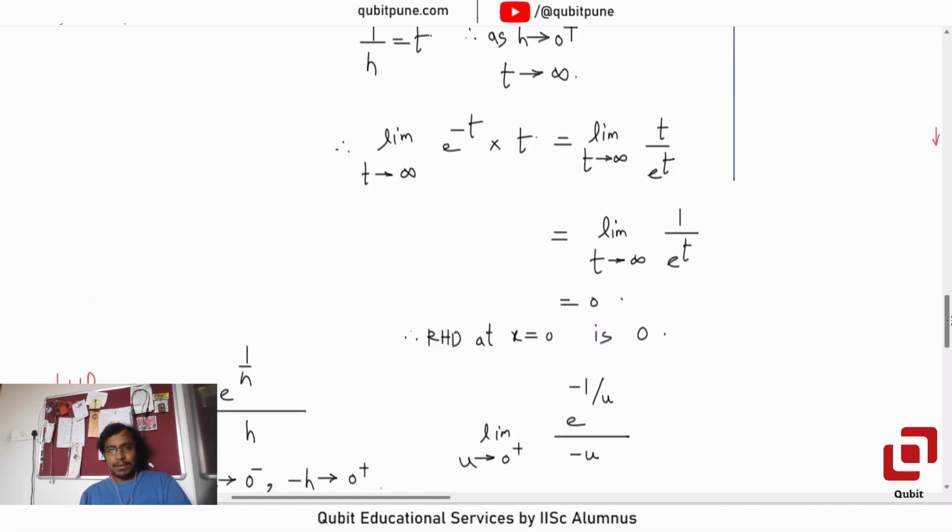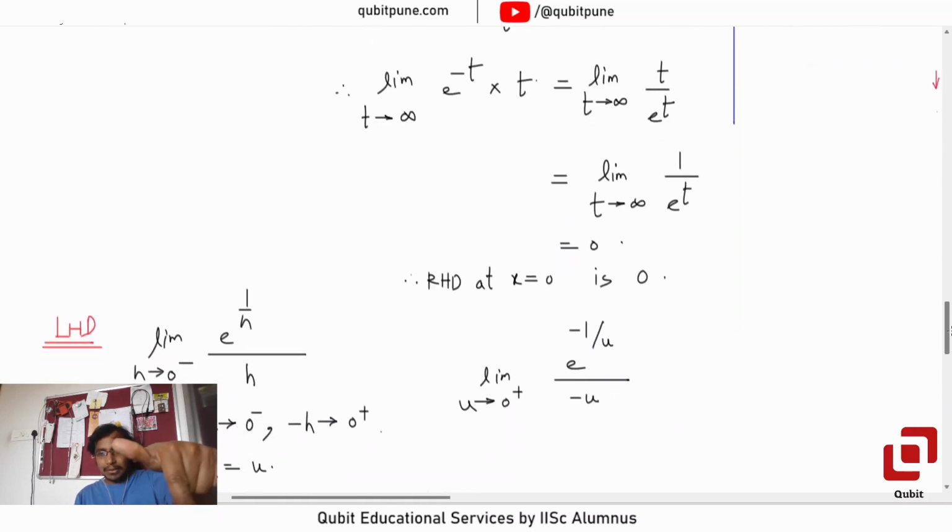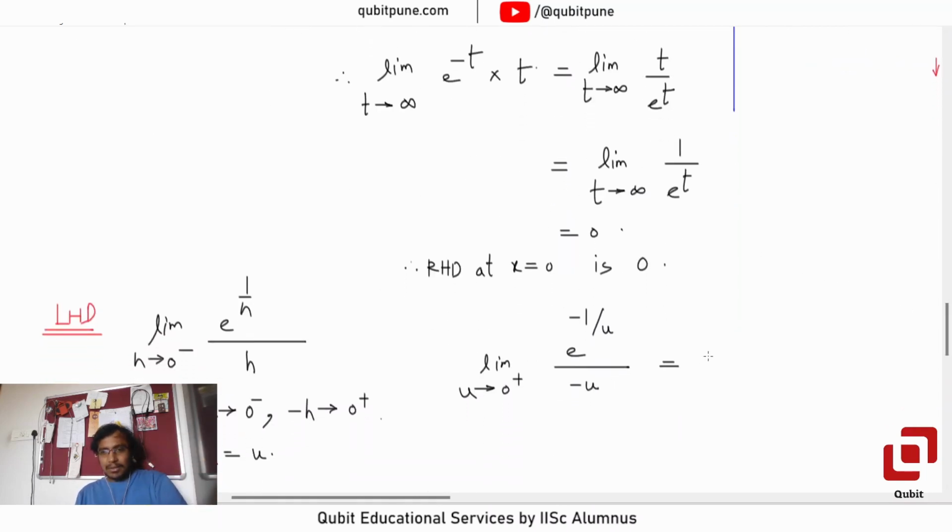But one of our limits here is exactly the same thing, e raised to negative 1 upon h, and that limit was 0. So this will also be 0. So both LHD and RHD are 0. So it is differentiable at 0.